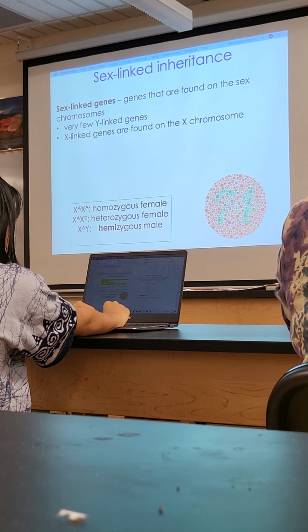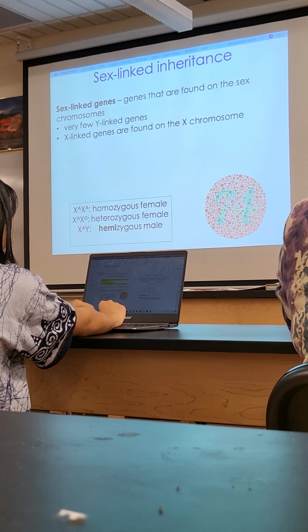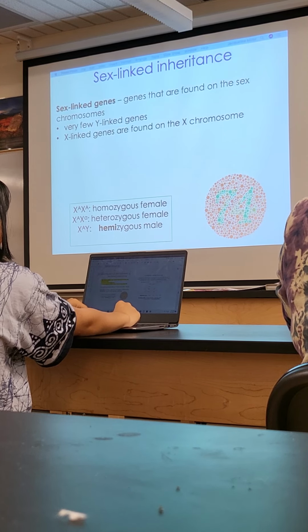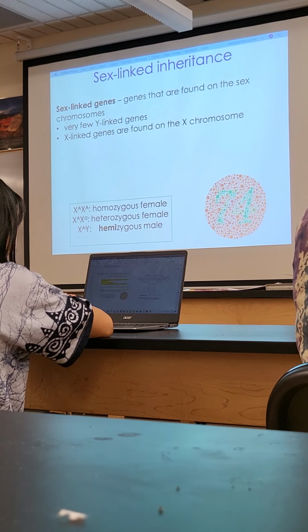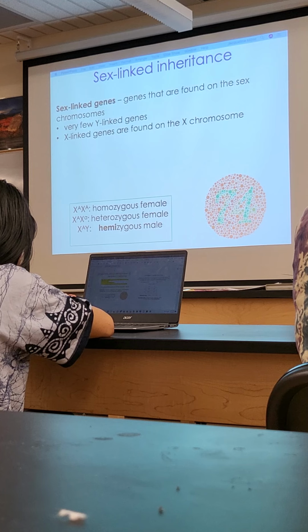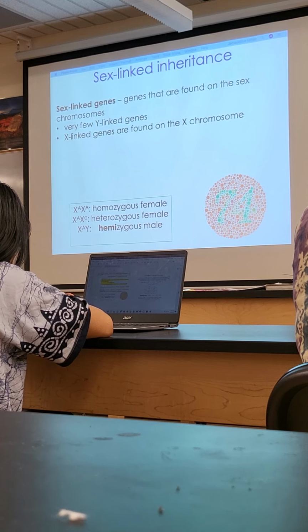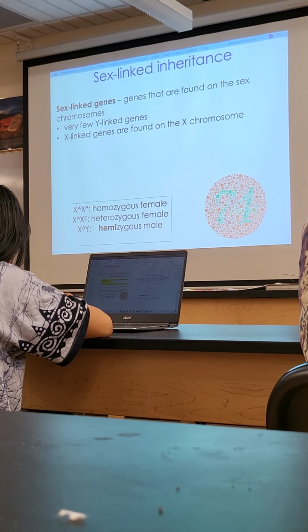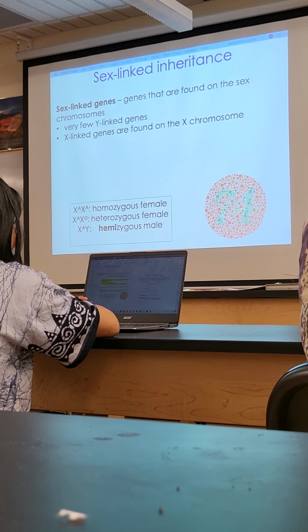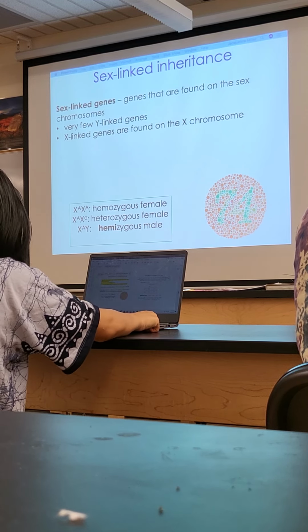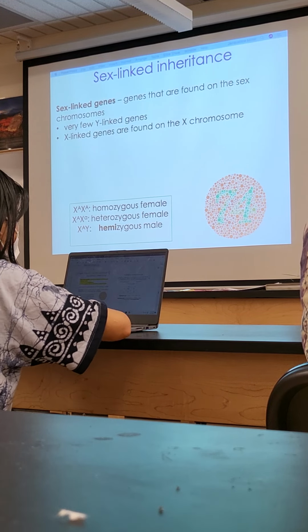There's, I think, something like 2,000 genes on the X chromosome. So there's a lot of traits that are X-linked. And with X-linked traits, because males just get one copy of an X, they don't have a backup copy, so they tend to have more of the X-linked disorders or traits that are associated with the X chromosome.